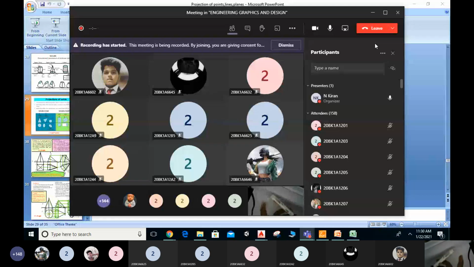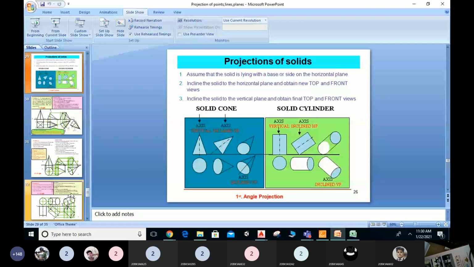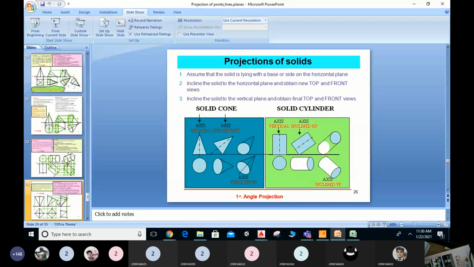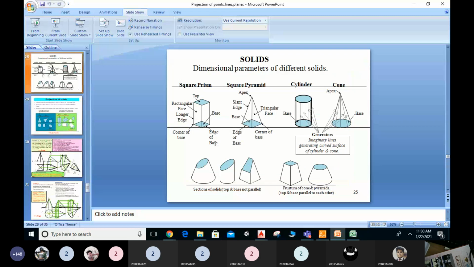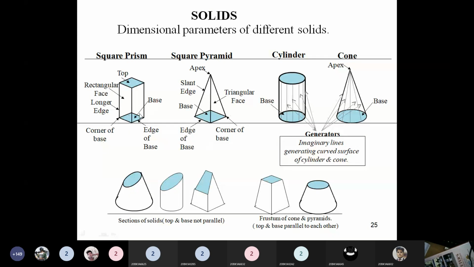And if you observe this one, here you will have A, B, C, D, and at the bottom also you have to mention 1, 2, 3, 4. If you are taking a square prism, here you have A, B, C, D, 4 points, and at the top also you have 4 points.